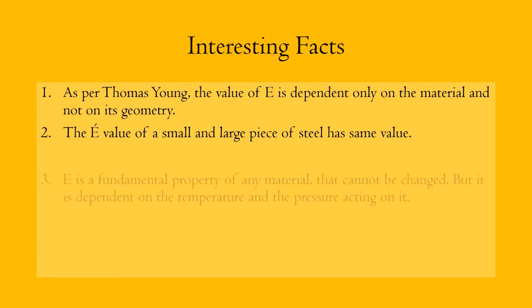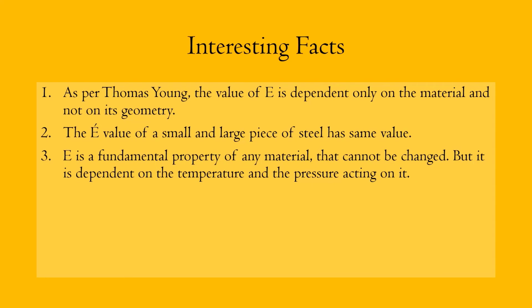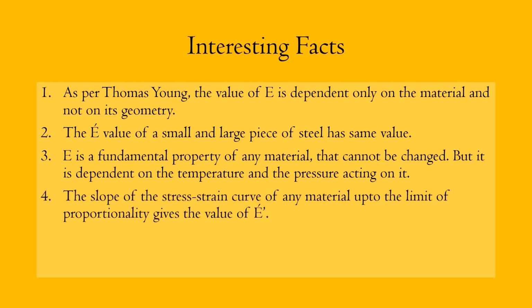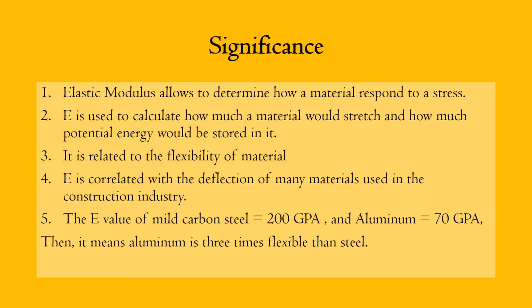E is a fundamental property of any material that you study and that cannot be changed, but it is dependent on the temperature and the pressure acting on that particular body. As I explained before, in the stress-strain curve within the proportional limit, the slope of the line gives the value of modulus of elasticity.